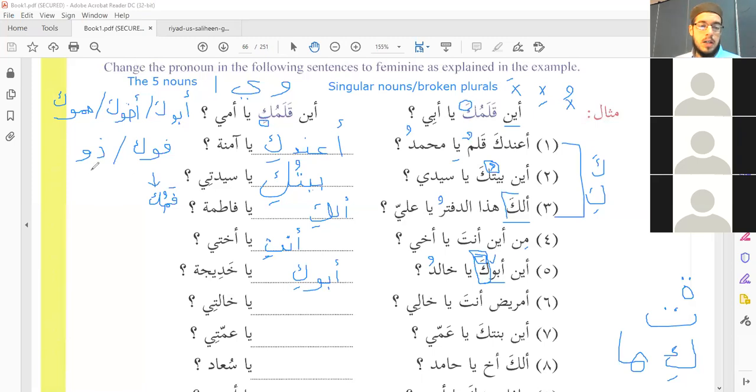The other peculiarity is dhu. All of these words, abuka, akhuka, hamuka, and fuka, four out of the five, follow the rule that demonstrates it's marfu' with a waw, majroor with a ya, and mansub with an alif, only when they are possessed, when they are part of a mudaf ilayh, either with a possessive pronoun or a word after it that possesses it.